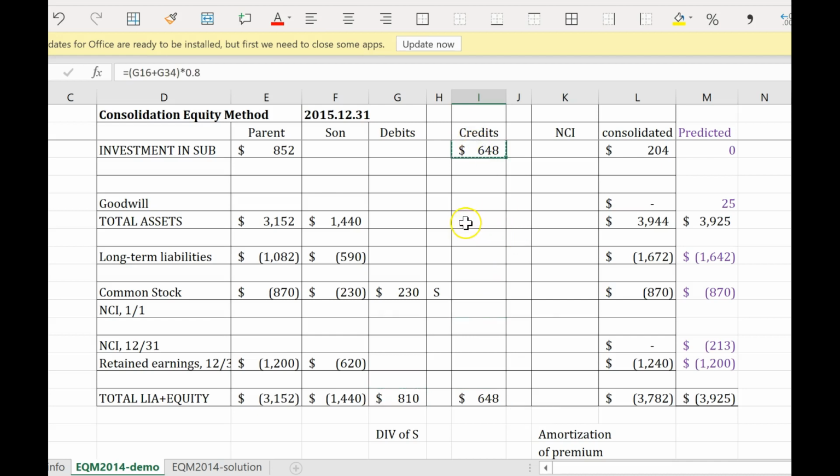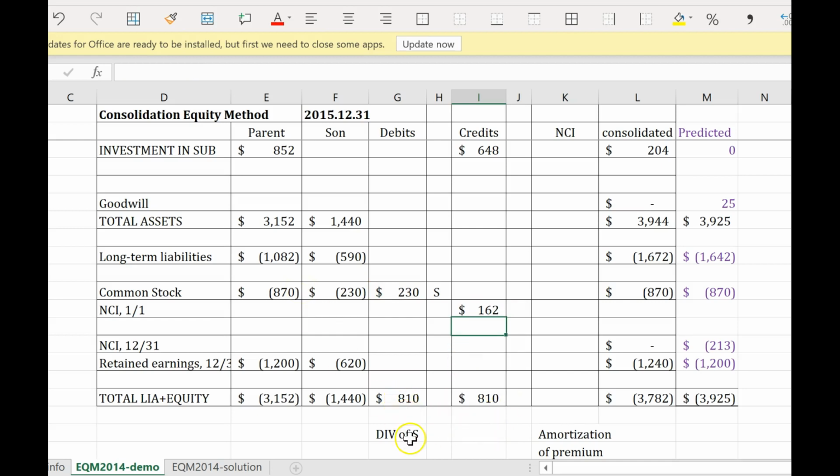So I'm going to copy and paste this to the NCI at the beginning. But it's no longer 80%, it's only 20% for the NCI. So the NCI shares 20%.